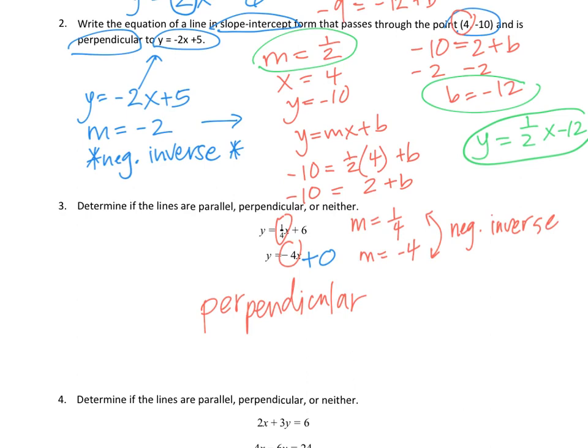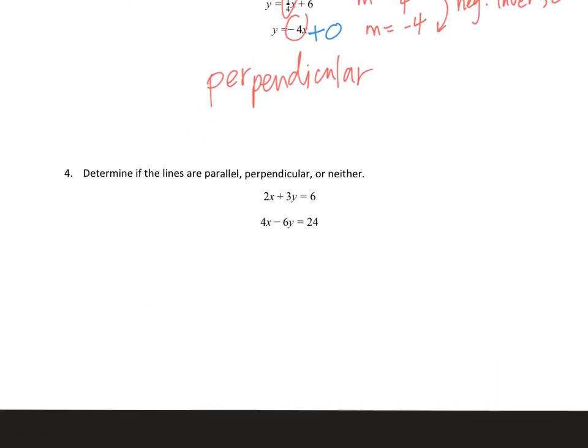Let's see if the next one is parallel, perpendicular, or neither. This one's a little different because they are not in slope-intercept form, so the first step is to move them around and put them in slope-intercept form. Let's do that with the first one over here. 2x plus 3y equals 6, minus 2x on both sides.